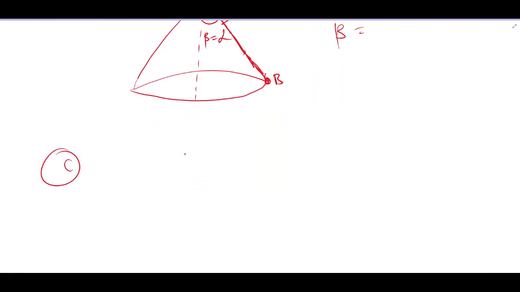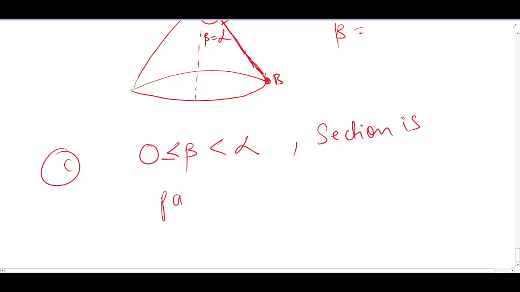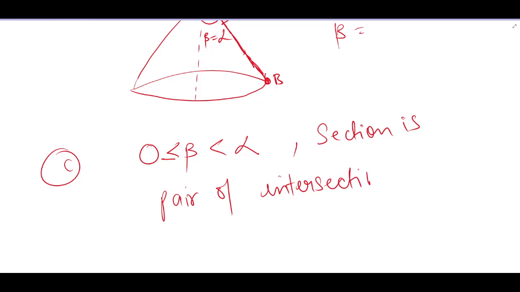Third is when beta is greater than 0 and less than alpha. So the section is a pair of intersecting lines.